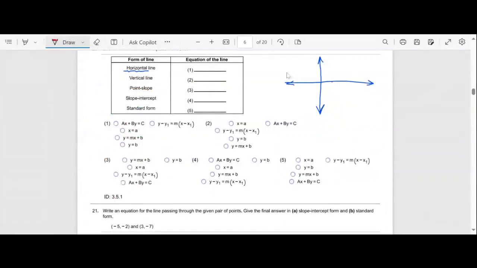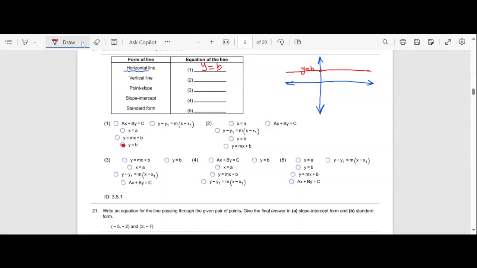So if I have a horizontal line coming from the horizon, the y value is always a fixed number. I don't know what the y value is, so we're going to say y equal b. So in this case the answer is here, y equal b.